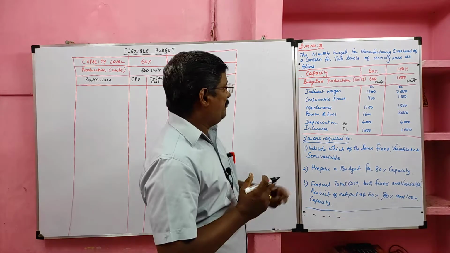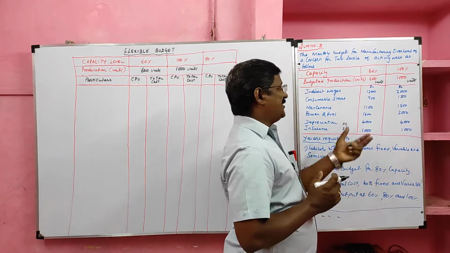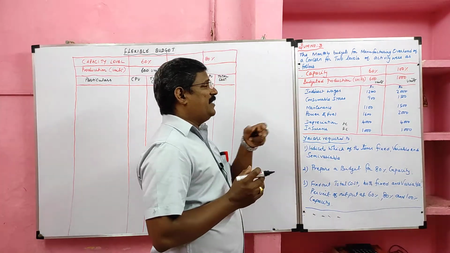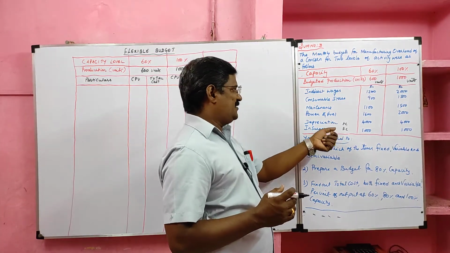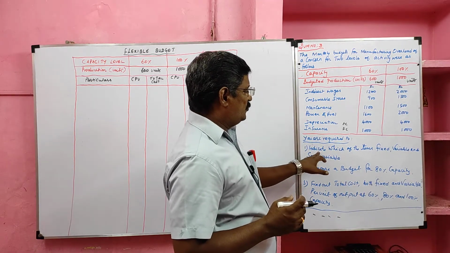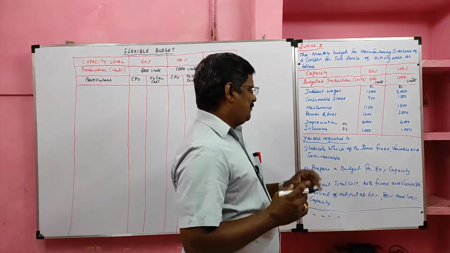That is very, very important, because in this problem total cost of two levels of activities are given, but details about the variable, semi-variable and fixed cost are not given. Already we found fixed cost. There are two items which are fixed cost, namely depreciation and insurance.